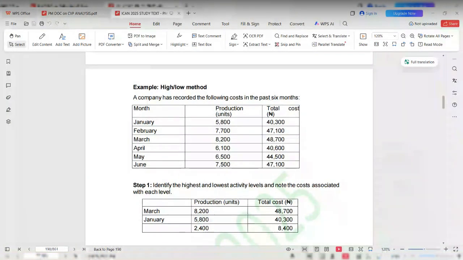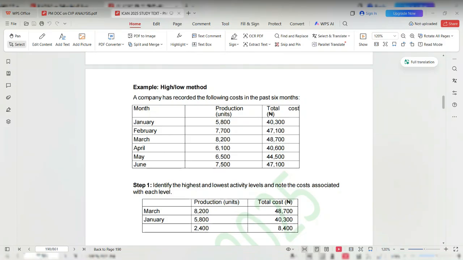Let's say we want to use the highest figure. We already know that our Y is the total cost. So what is our total cost for the highest? The total cost for the highest is 48,700.